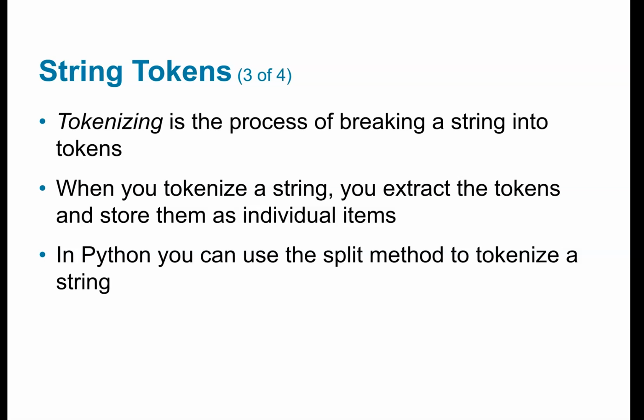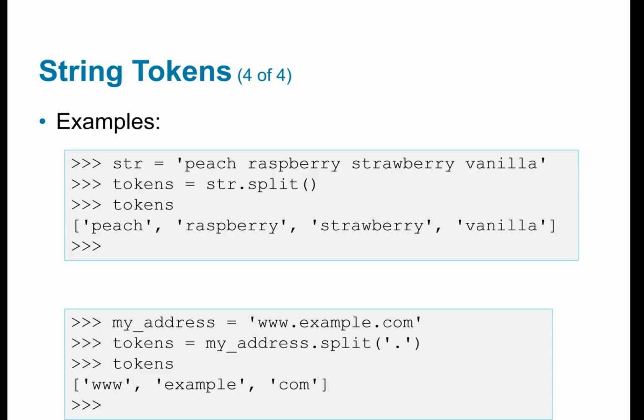Tokenizing is the process of breaking up a string into tokens. When you tokenize a string, you extract the tokens and store them as individual items. In Python, you can use the split method to tokenize items.